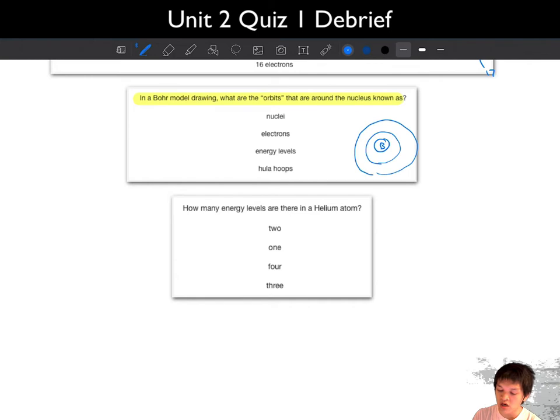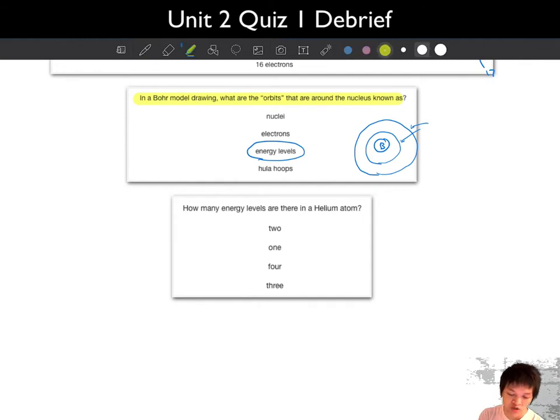So just look at the very last reading for this unit that we've had so far on Bohr models, and it'll tell you that these orbits are called energy levels. Okay, so it's kind of like a definition thing. Do you know the definition of energy level? It's what the little orbits are in a Bohr model.